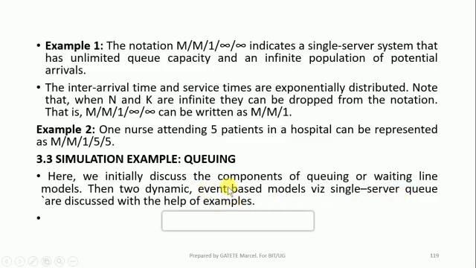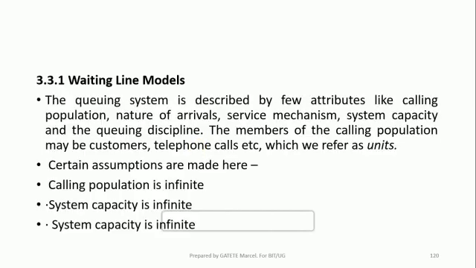So we are going to see the components of the queuing system and the single server queue example, and how you can simulate this type of system. First we are going to see waiting line models, which are the queuing models. The queuing system is characterized by different attributes.